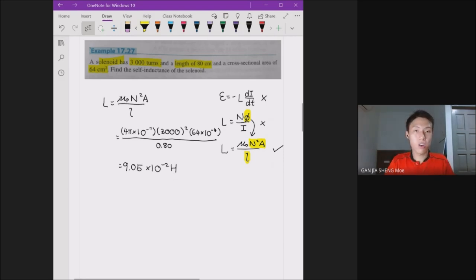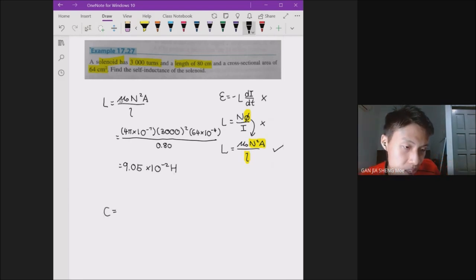That's all. It's just like a capacitor. You remember capacitance? You learned that C is equal to Q over V, right? But if you increase Q, it doesn't change C. If you increase V, it doesn't change C. C only depends on epsilon A over d.